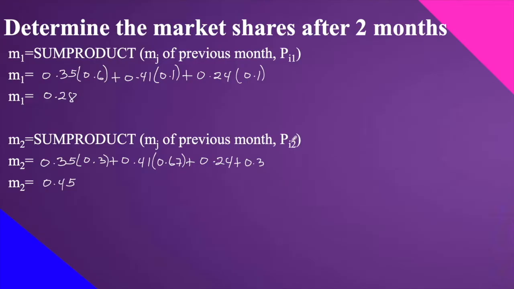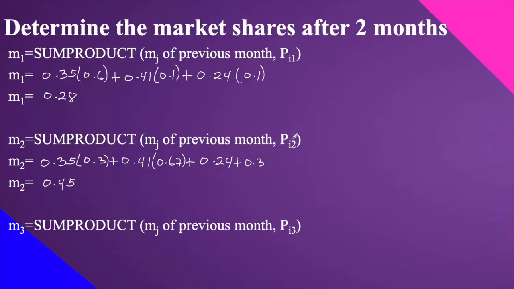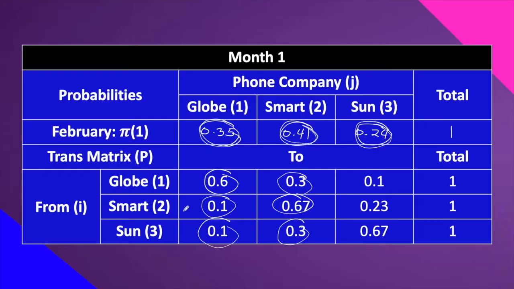So, next natin will be for Sun. Sum product pa rin ng M sub J of the previous month. Again, our previous month is the month 1, and the P sub I3. P sub I3, ito po, no? Sun. So, let's have it here, ito, P sub I and 3. So, 0.35 times 0.1.